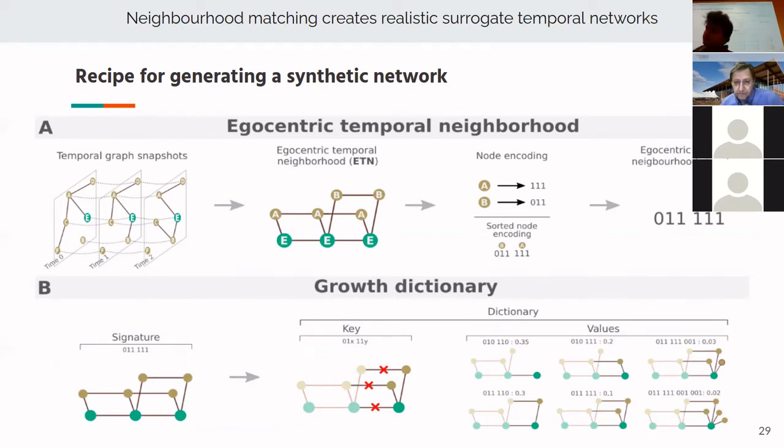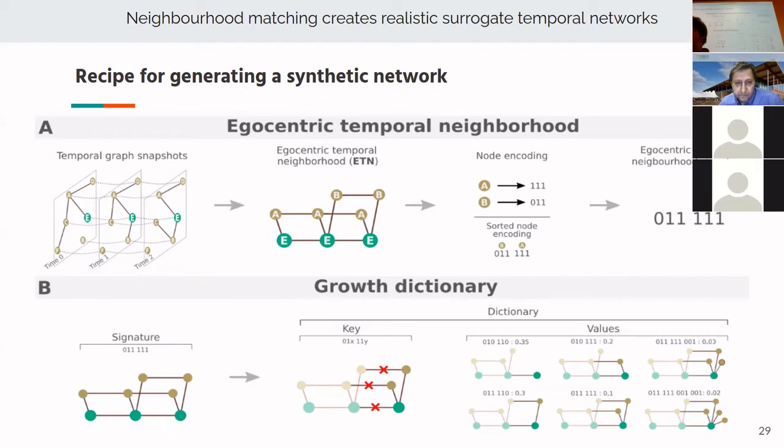So basically, we are starting from the ATN in panel B on the left. And what we do, we remove the last layer. So I have this red X to show you that I'm removing the last layer. And indeed, the key, the signature, is just cut the last number of each node encoding.